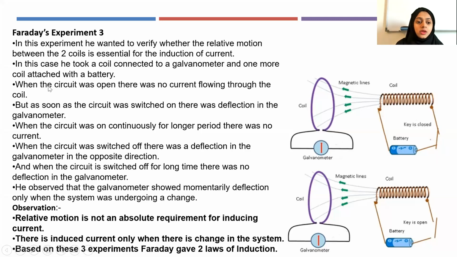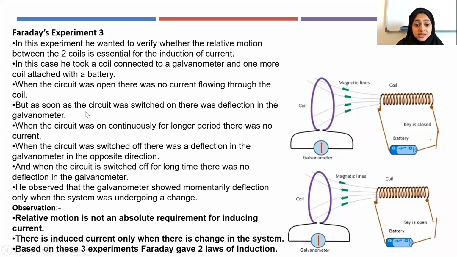When the circuit was open, there was no current flowing through the coil. So this is the key open. When the switch is open, no current is flowing through the coil. So what will be the magnetic field produced by this coil when it is open? Zero Tesla.